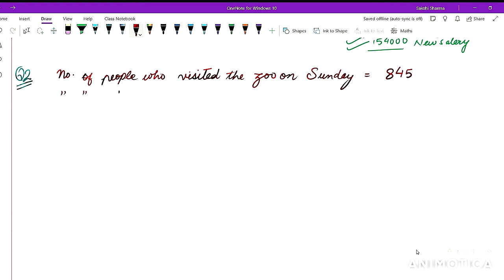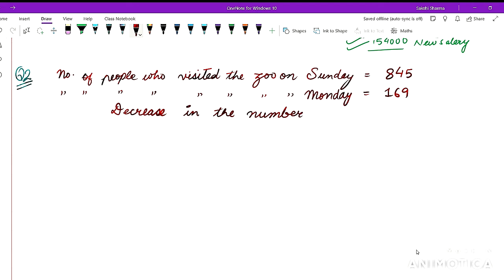Number of people who visited the zoo on Monday, it's 169 only. Decrease in the number, you need to find out the difference of the two.